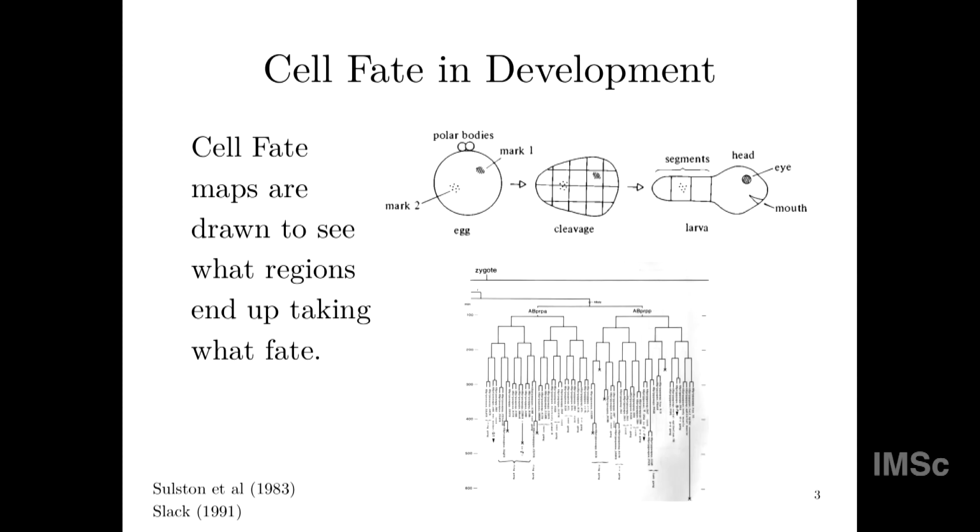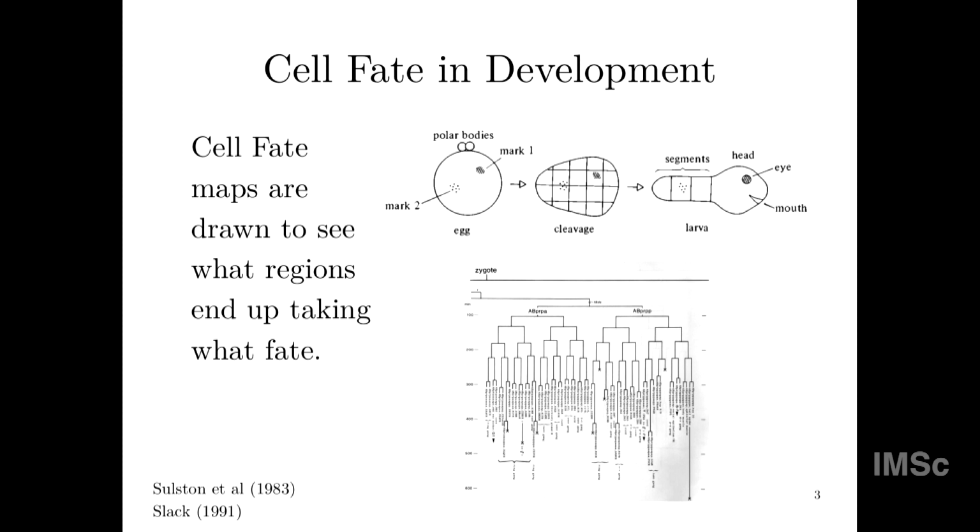You could imagine that at an early stage in embryonic development, you put two different marks at two different points of the embryo, and then you see what they look like after the organism has developed for some time. Early embryologists used to draw these cell fate maps where you could keep track of where these cells were and what fate they were taking at the end.